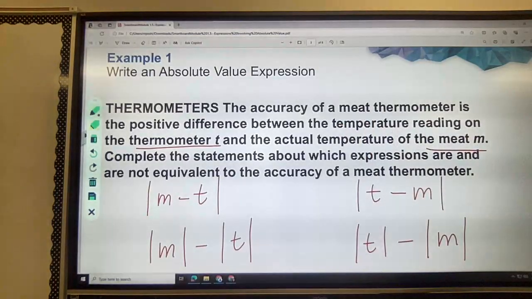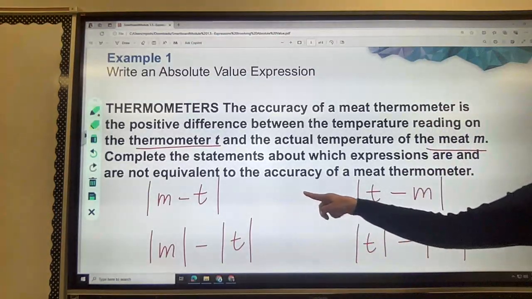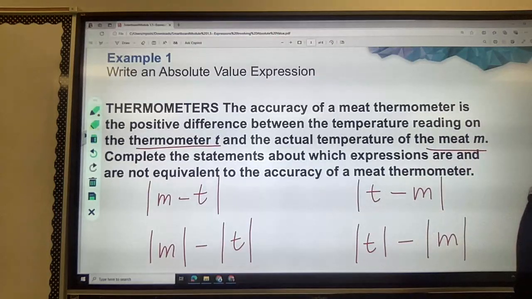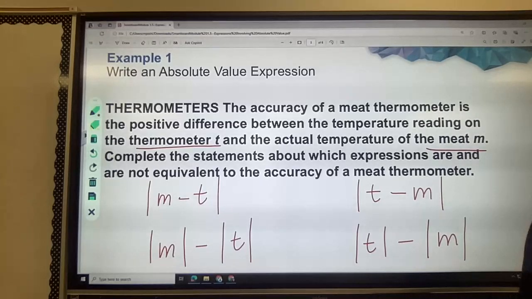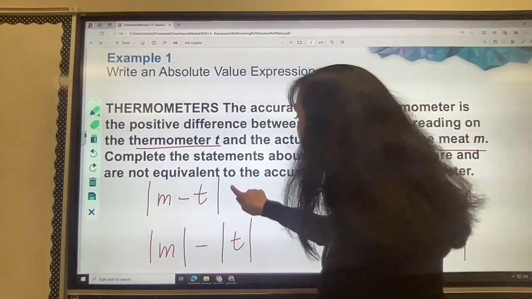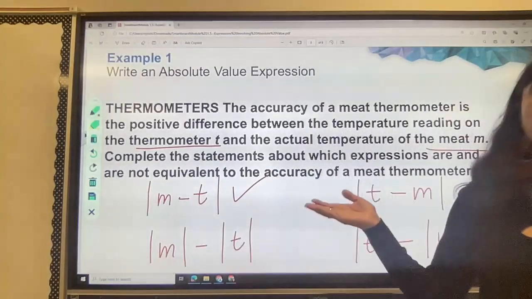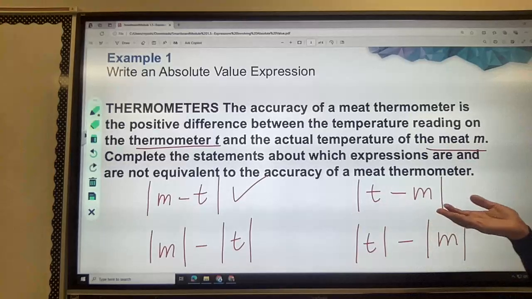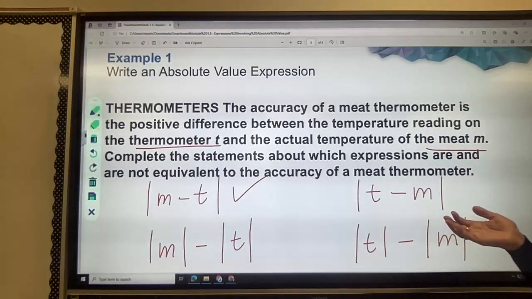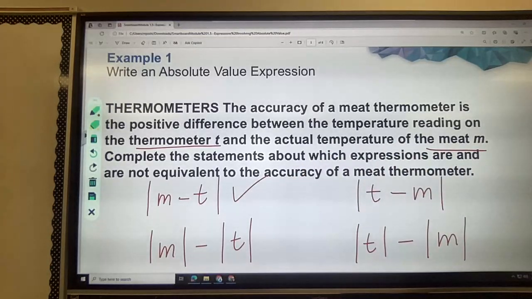This first expression is going to be equivalent to the accuracy of a meat thermometer because it represents the difference between the measurements, and it is always positive because it is the absolute value of the difference. So this one here is correct. When I find the difference, we know that it is going to be the absolute value of the difference. So this expression is equivalent to the accuracy of the meat thermometer.